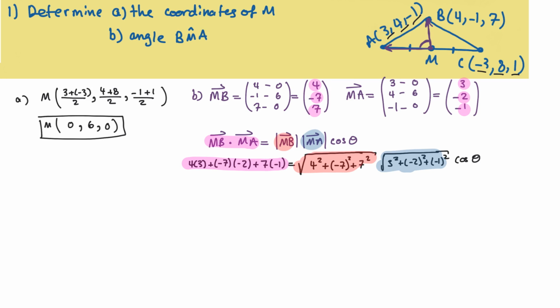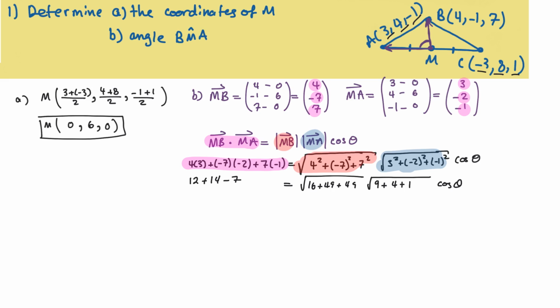For the left-hand side, I get 4 times 3, which is 12, plus -7 times -2, which is 14, plus 7 times -1, which is -7, and that equals the root of 4 squared, which is 16, plus 49 plus 49, and here I get 3 squared is 9 plus 4 plus 1, times cos theta.